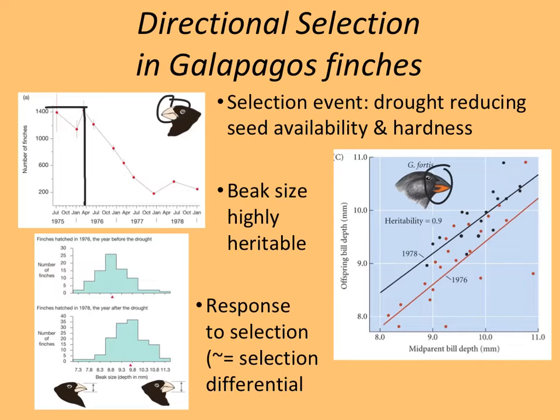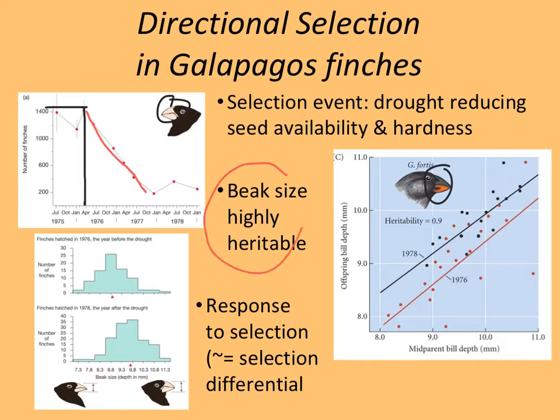So there was selection on beak size for having a bigger beak. It was a very bad drought, and it went all the way up until about into 1997, and the population crashed down to 200. That means all those other birds died. And there was no reproduction going on.